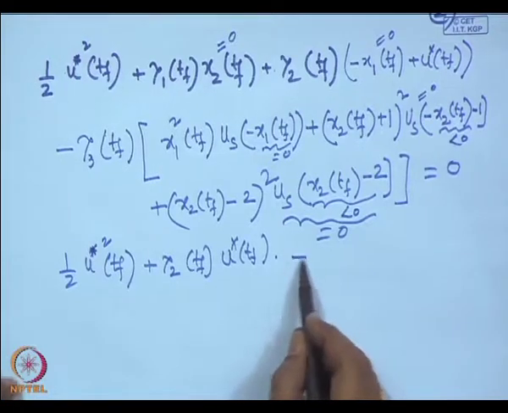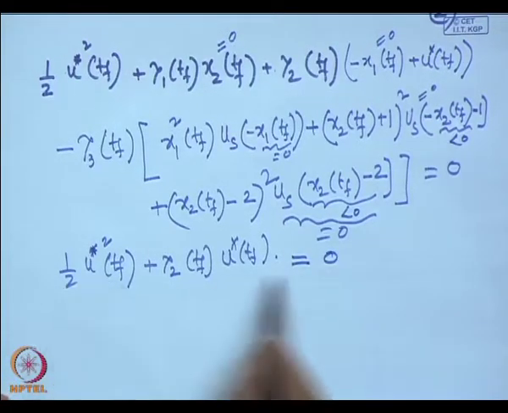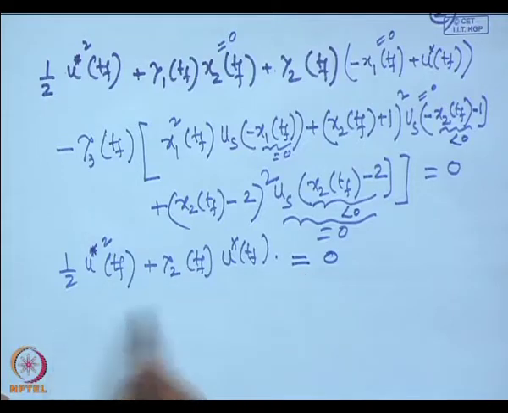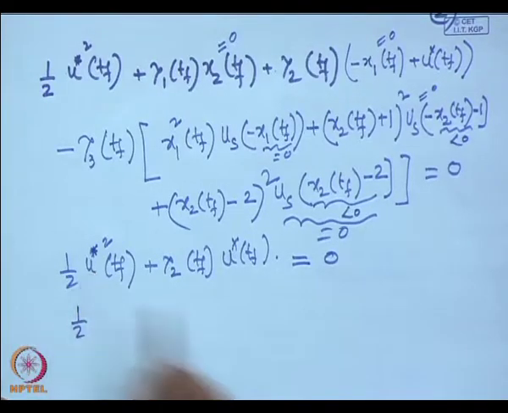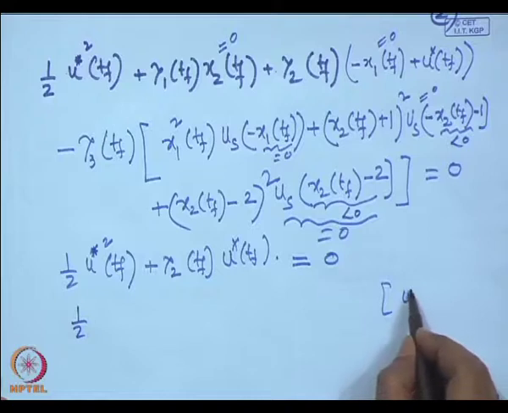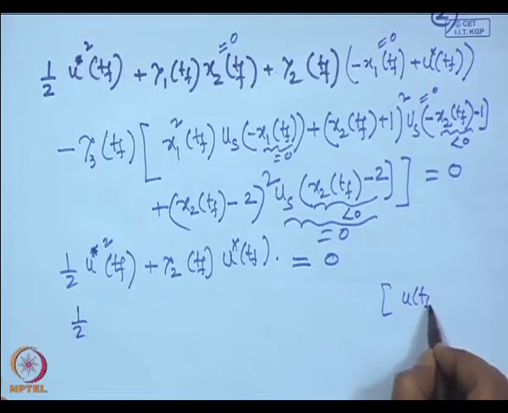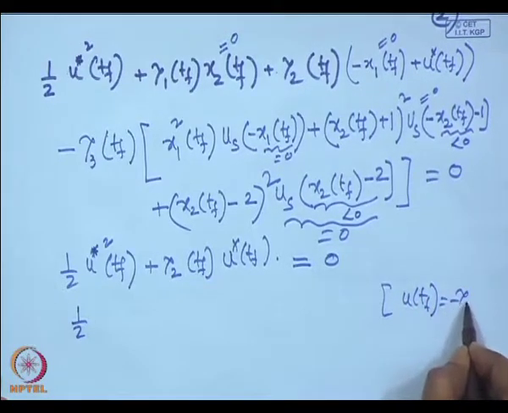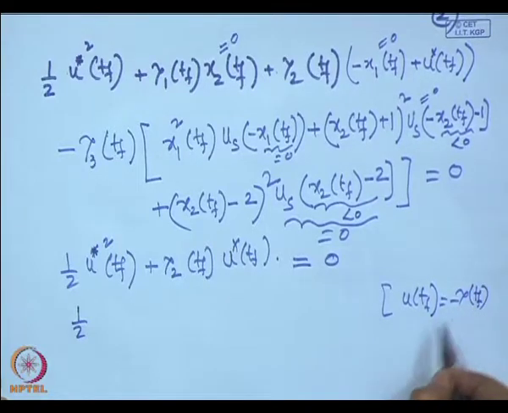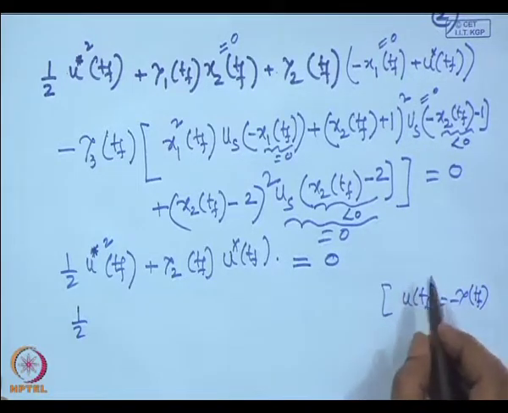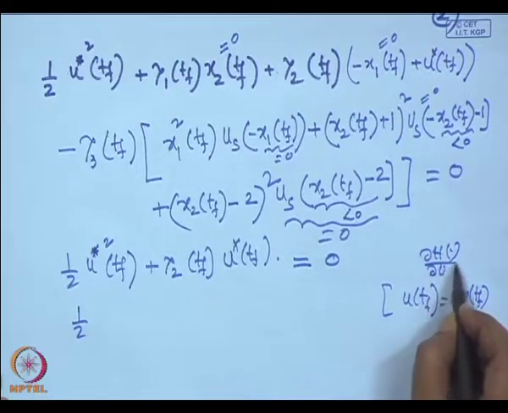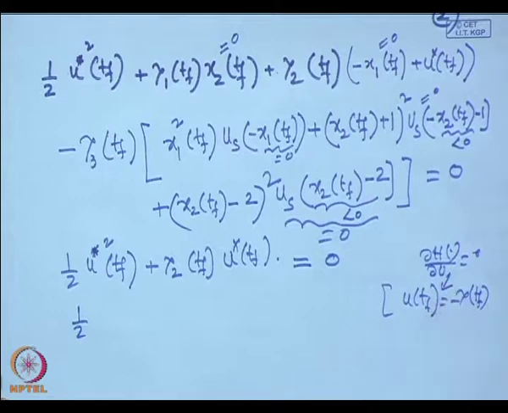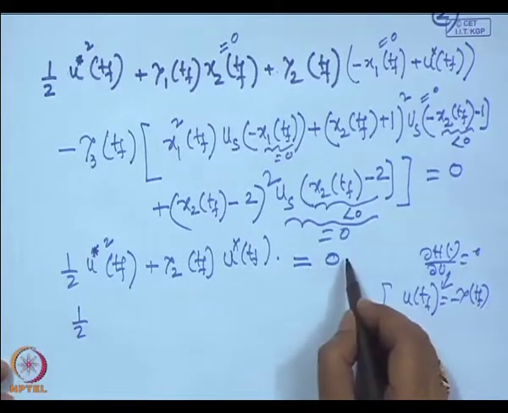So, now ours is this boundary condition. From there you will see that u star T f is equal to minus lambda T f, that is we have our del h del u is equal to 0. From there we got this one. If you put this, this is the equation of this one.